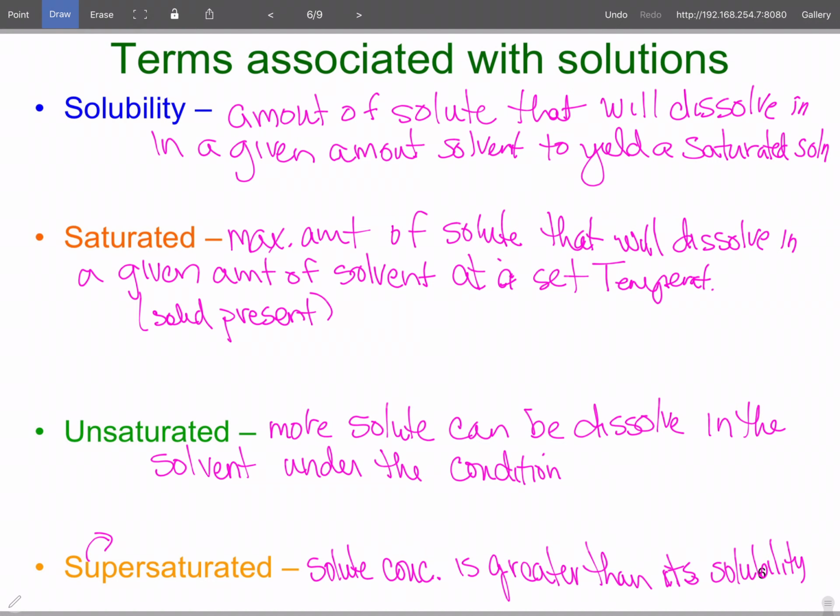So I'm going to start with supersaturated rock candy. If you've ever made or seen rock candy, what you have to start with is a supersaturated solution of sugar in water. And then what you do is you add more than you need.